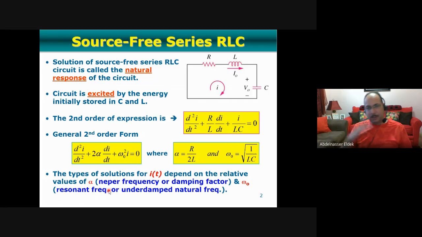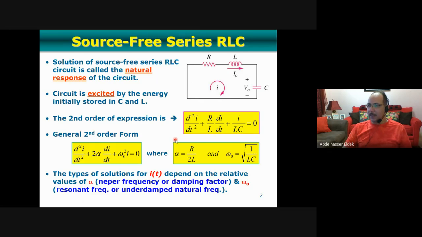Omega, of course, is not frequency. It is omega equal 2 pi f, and f is a frequency. But because the relation between omega and f is just 2 pi, sometimes we call omega frequency. So omega here is called resonance frequency or undamped natural frequency. Okay, and these are the values for alpha and omega.